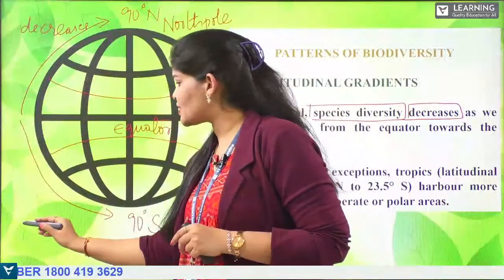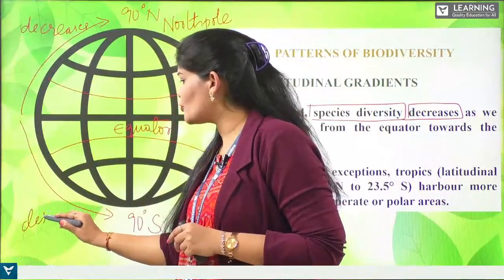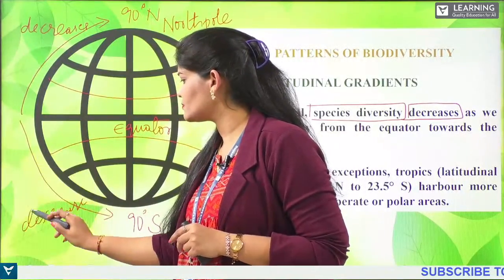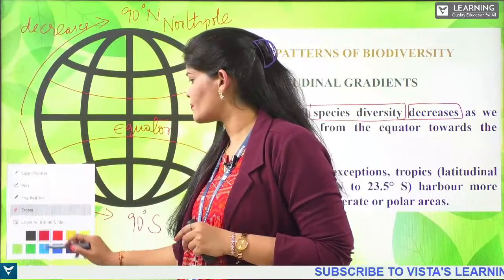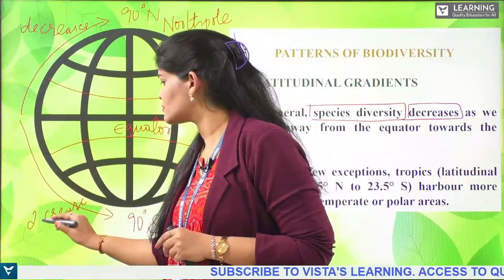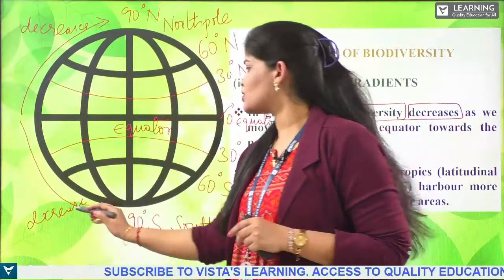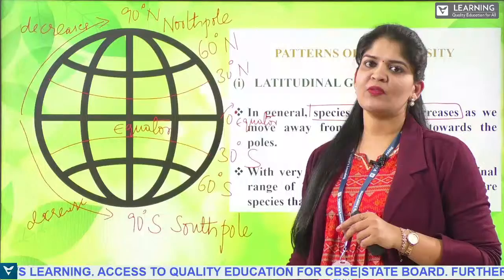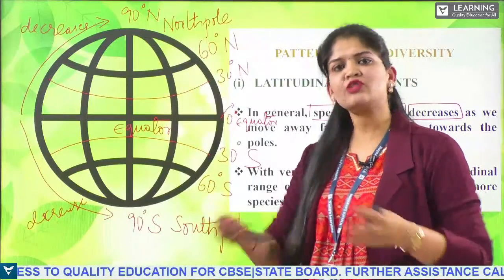Here also it is decreasing, and if we move close to the pole, it decreases. See, that is how the decrease in species diversity takes place when we move from the equator towards either of the poles.